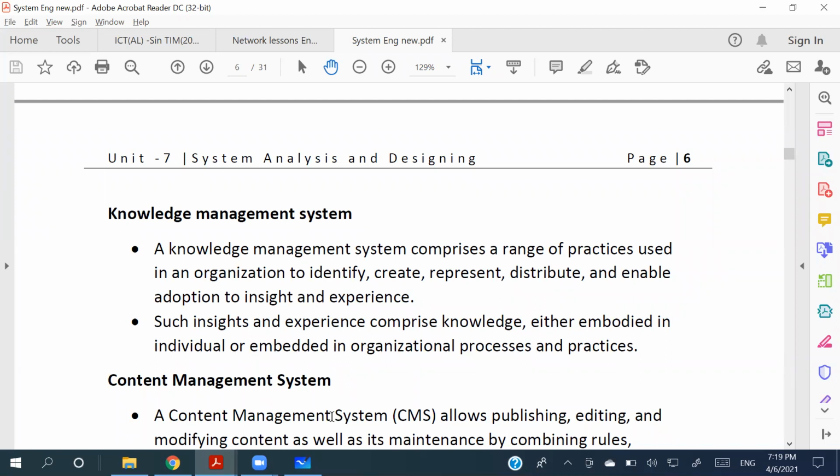So gathering the data of an experience will help them to solve a similar situation in the future, right? So what they are gathering is the knowledge, right?